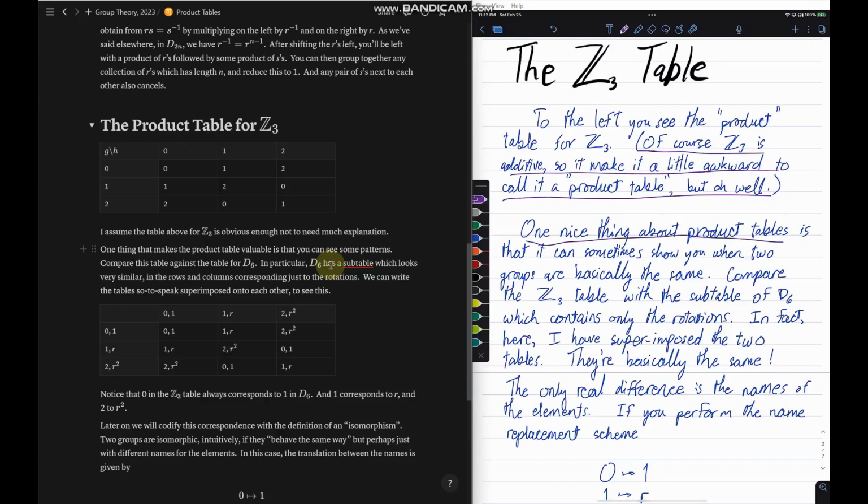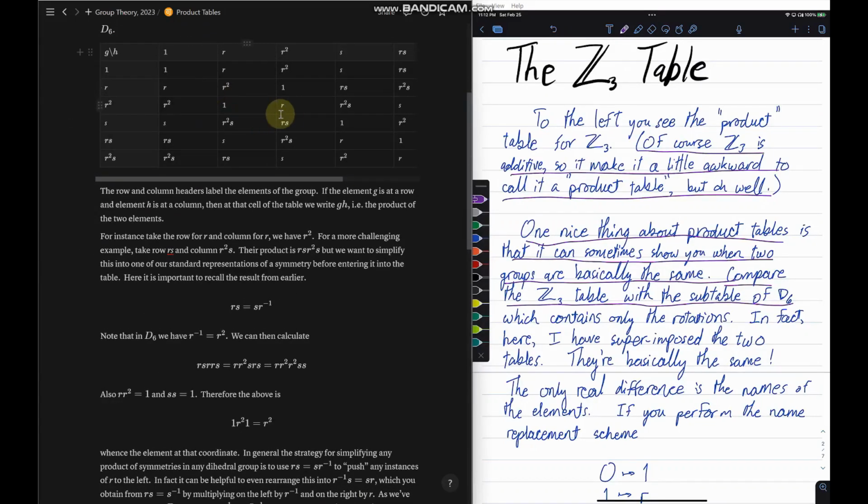So one nice thing about product tables is that they can sometimes show you when two groups are basically the same. Compare the Z3 table with the subtable of D6 corresponding only to the elements of rotations, right here in this 3 by 3 subgrid.